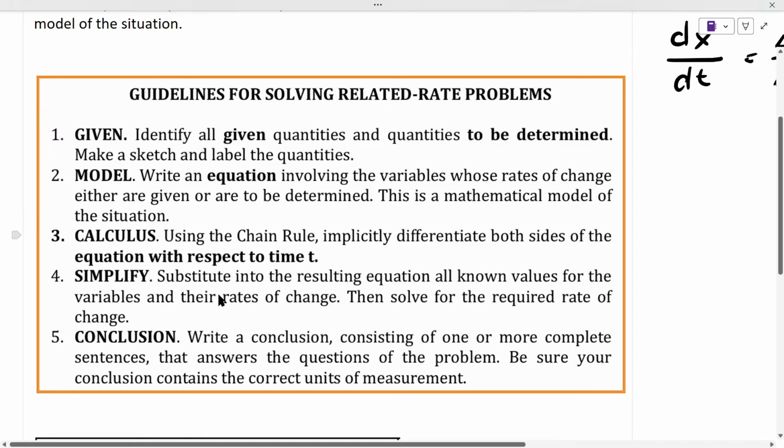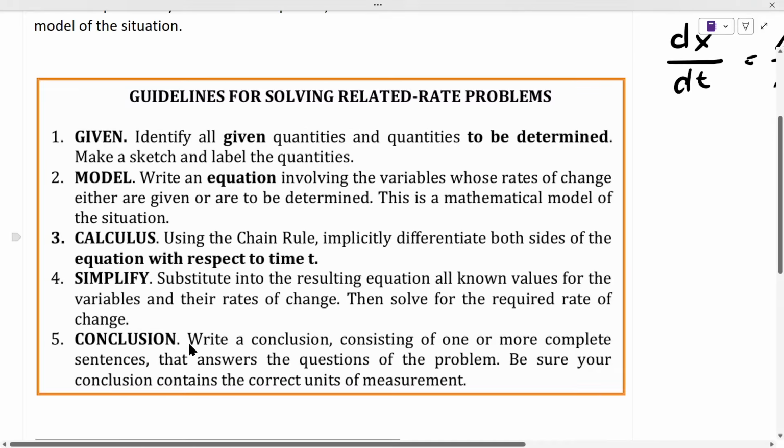Once you differentiate it, simplify, substitute the variables that you have, and then solve further, simplify, and lastly, conclusion.